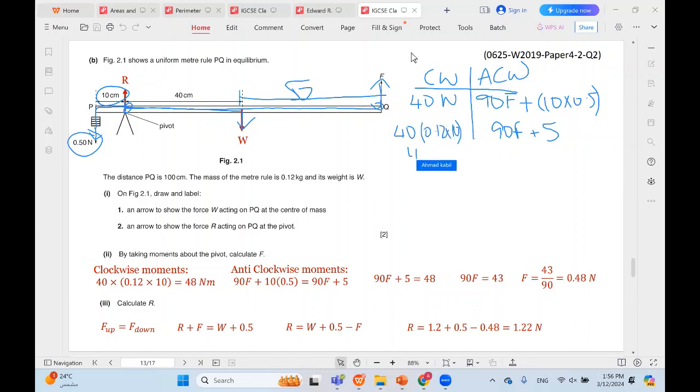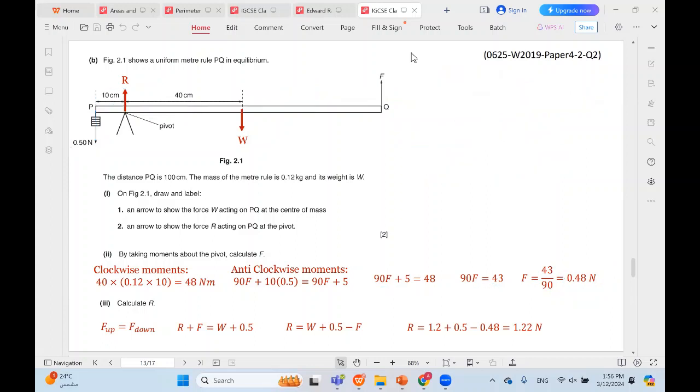So we have 40 times 1.2, which is 48. This is equal to 90F plus 5. So we have 90F plus 5 equals 48, and then we can solve for F. F equals 43 divided by 90, which gives us 0.48 newtons.